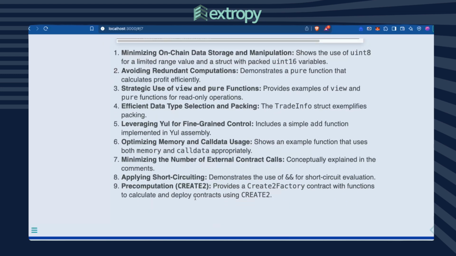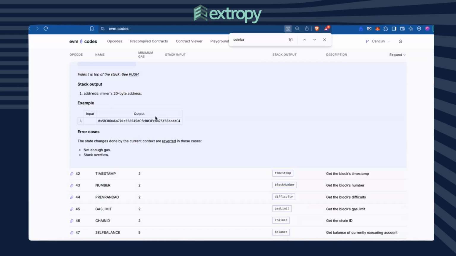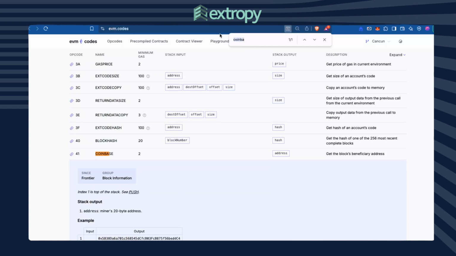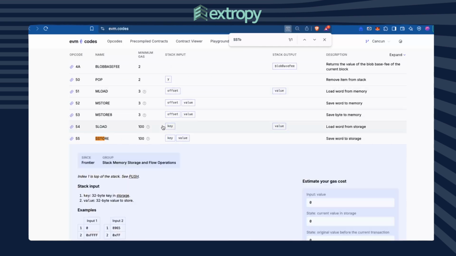But the general ideas, I didn't talk about some of them. You've got things like minimizing the amount of data that you're storing on chain, and this is because the SSTORE opcode is very expensive.